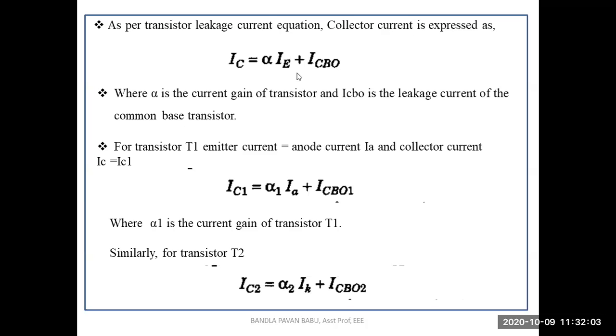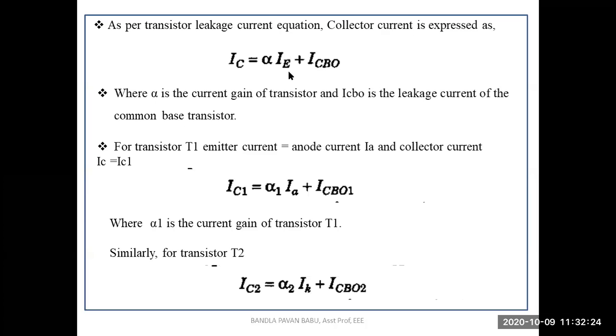So from this equation we are going to start now. It is taken from the basic transistor equation, the collector current IC. So this is a normal equation there.